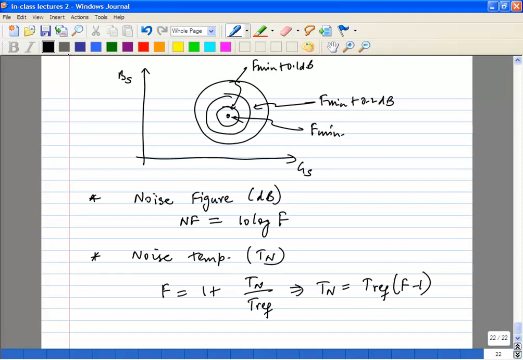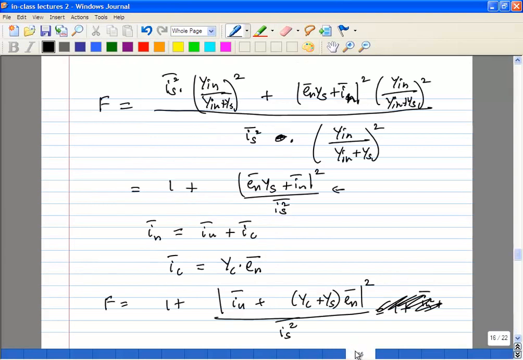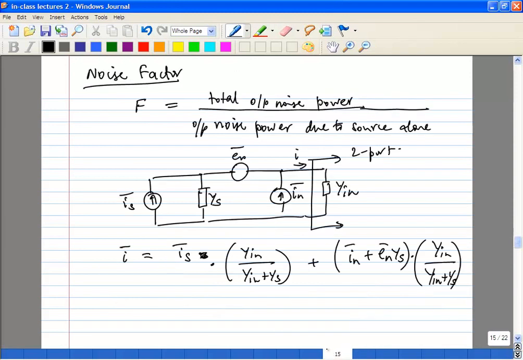A couple of other things to note. I didn't cover this when we did this earlier in class. Let's go back to where we define noise factor. First of all, if you have a noiseless two-port, F is 1 and your noise figure is 0 dB.